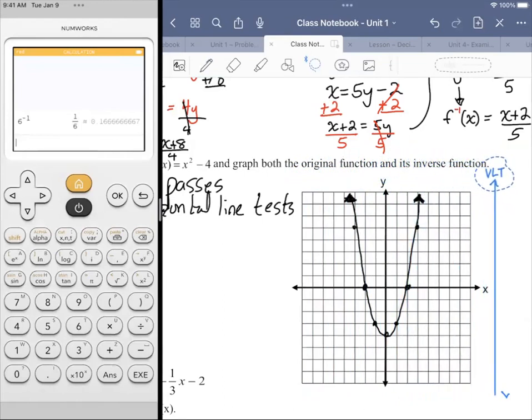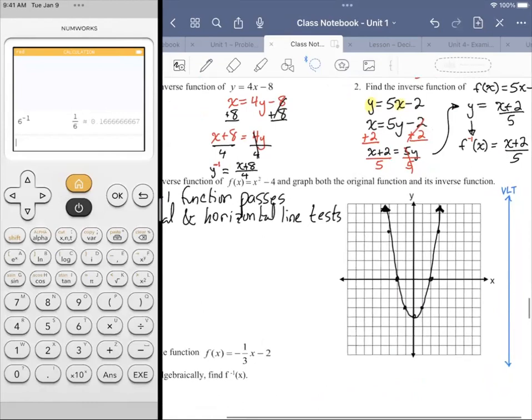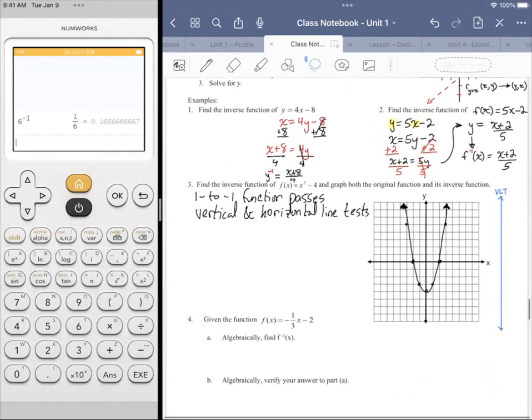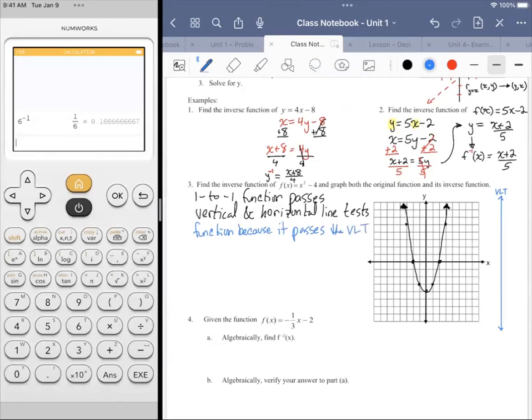And it never does, so I'm confident that this is a function, because it passes the vertical line test. VLT for vertical line test.